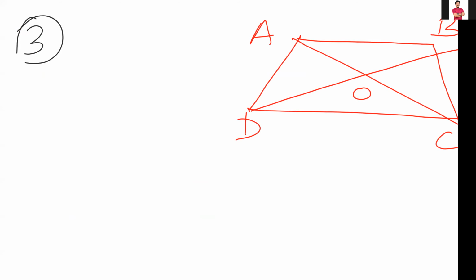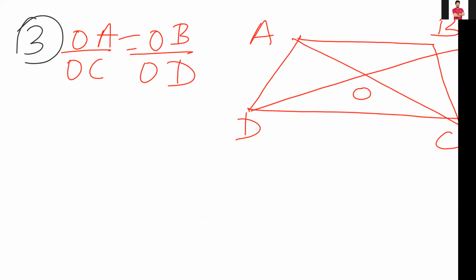This is very clear. You have to prove OA by OC equals OB by OD. We can prove these triangles similar by the AAA test. Okay, now see, this is very easy.